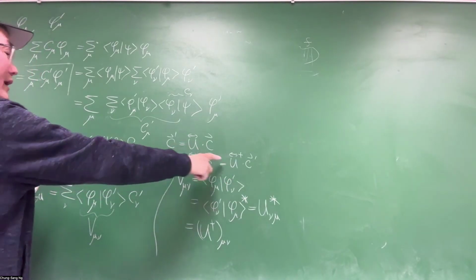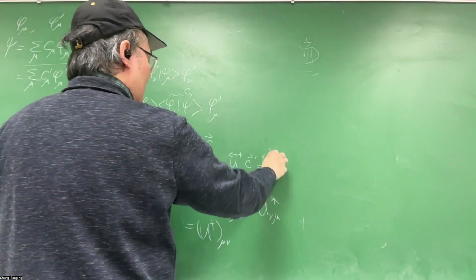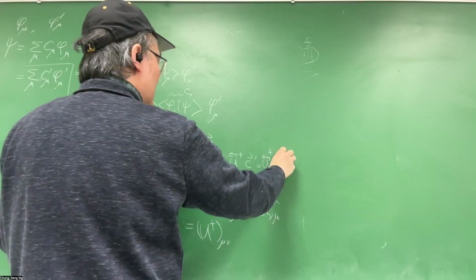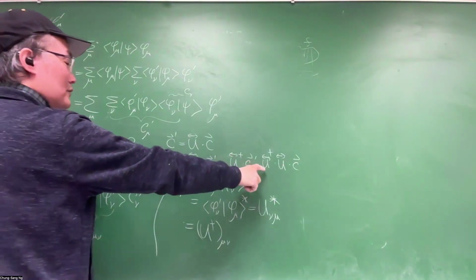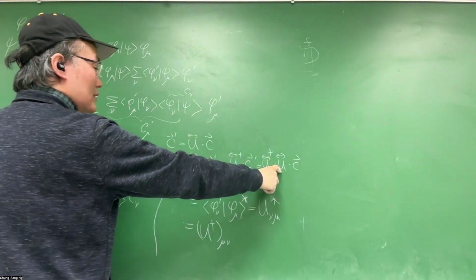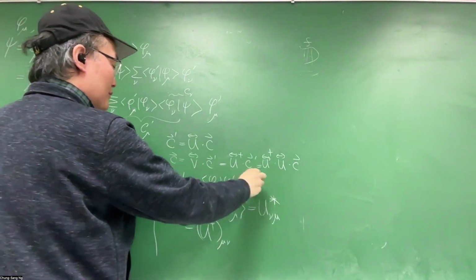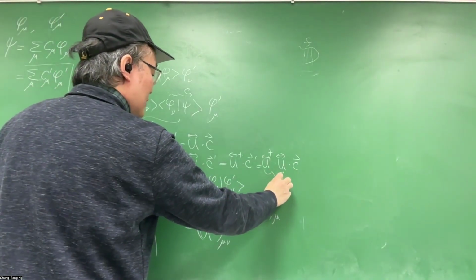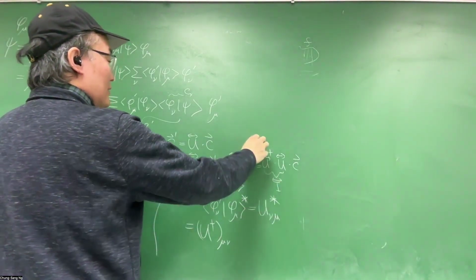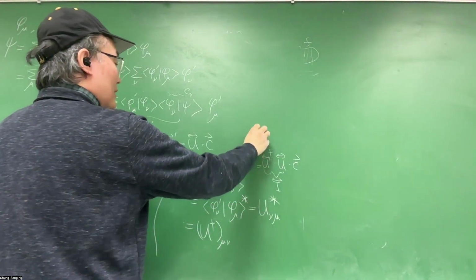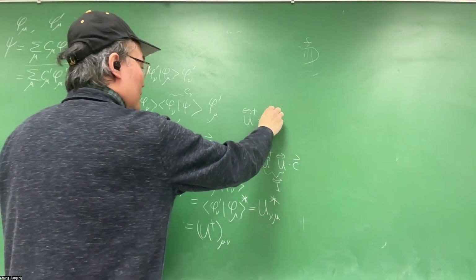And then we apply the first equation again. This is U adjoint times U times C. The C equals U adjoint dotted into U dotted into C, right? And because both are C, we require that this is just the identity matrix. So you show that U adjoint is the inverse. So this implies U adjoint is U inverse.